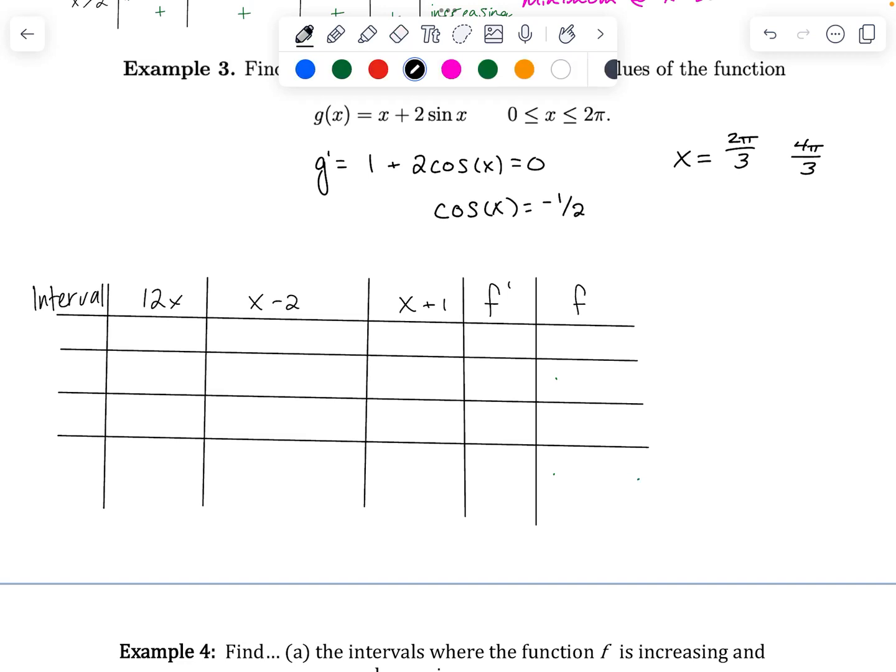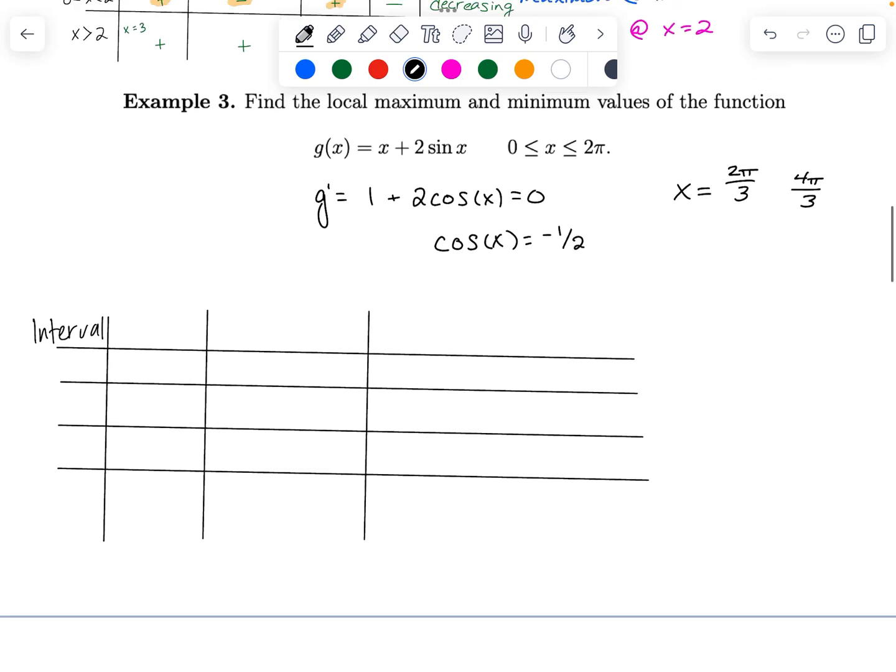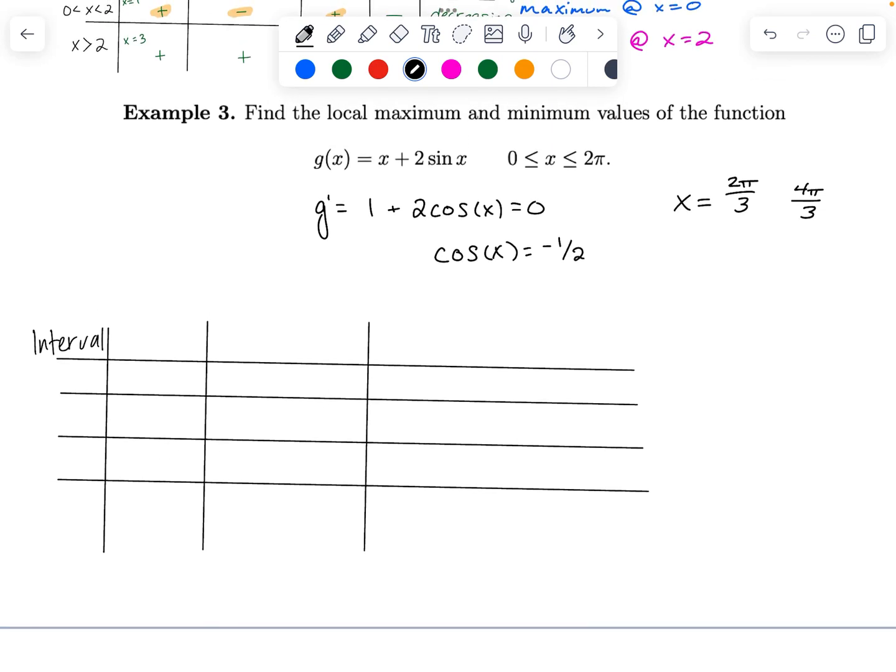So we're talking about our interval from 0 to 2 pi over 3, and from 2 pi over 3 to 4 pi over 3.